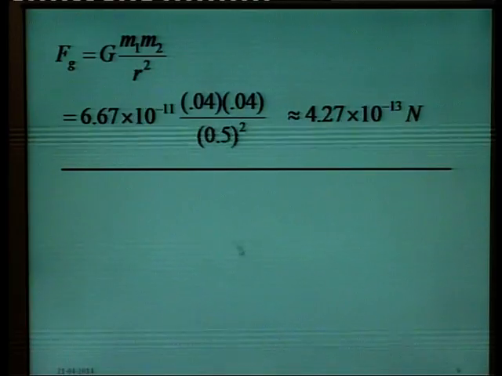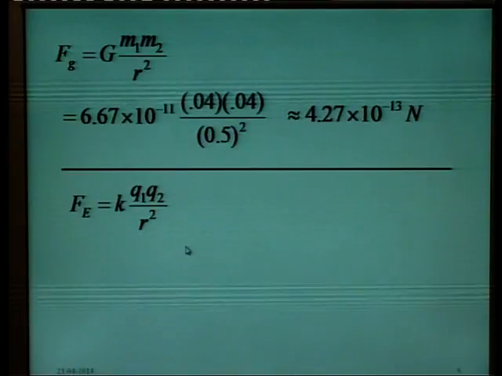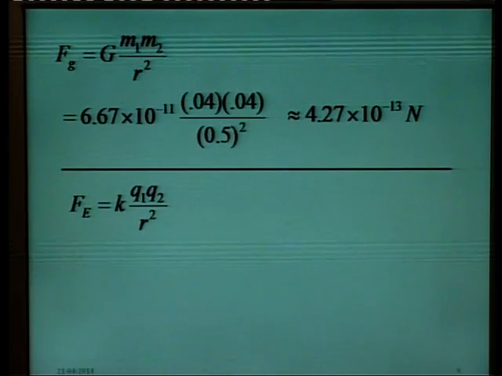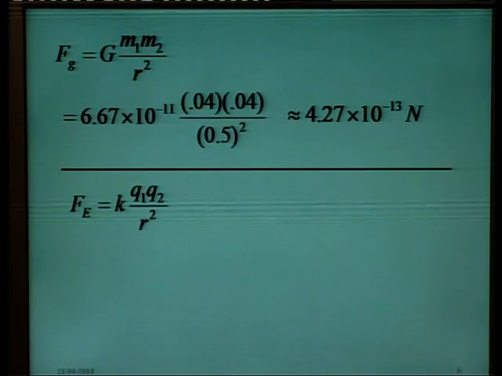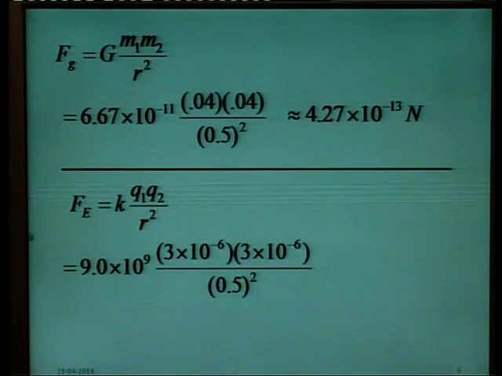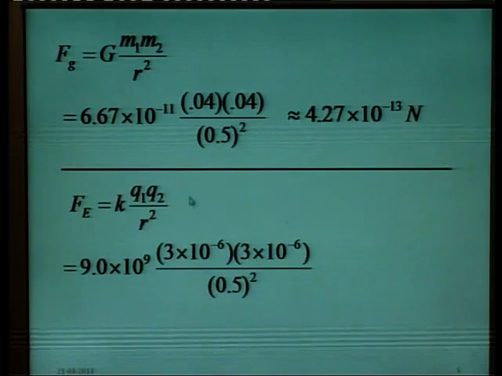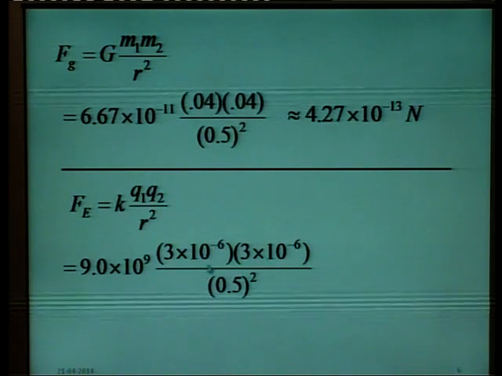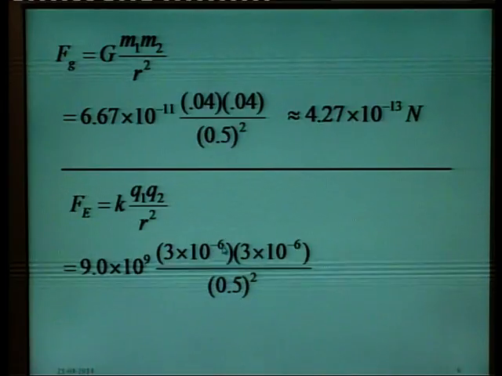To calculate electrostatic force, we use Coulomb's law. According to Coulomb's law, electrostatic force is given by K into Q1 Q2 by R square. What is K? We had already done in the last example. K is equal to 9 into 10 to the power 9. Charges are of 3 microcoulomb each. Convert microcoulomb into coulomb. It becomes 10 to the power minus 6 coulomb.